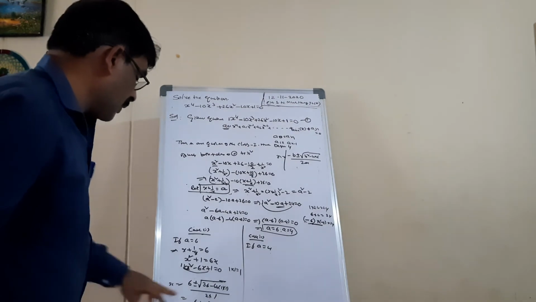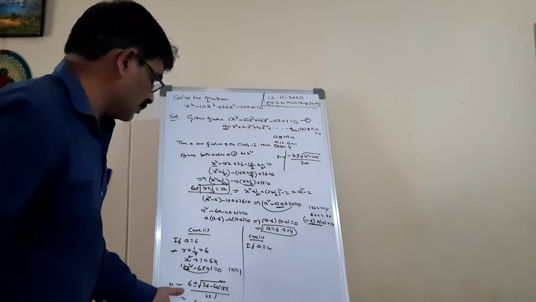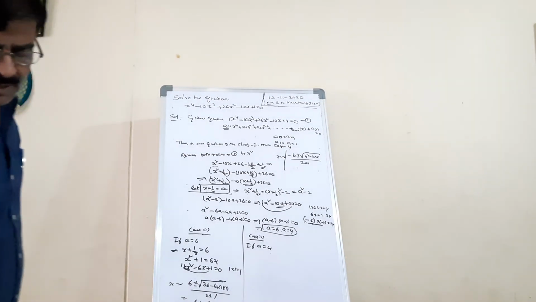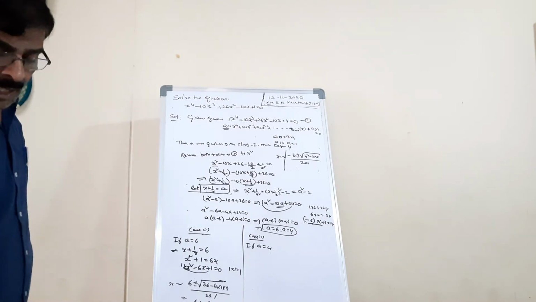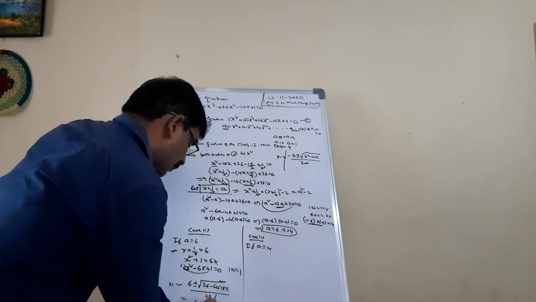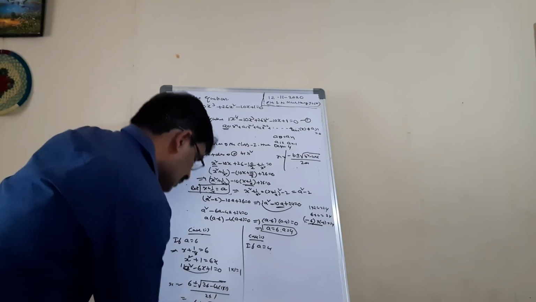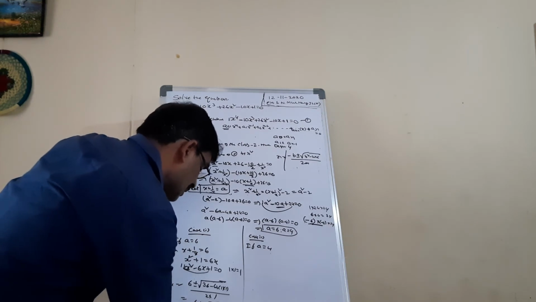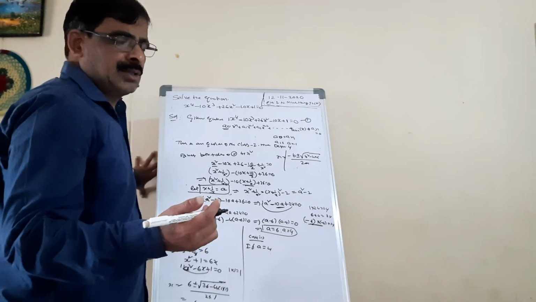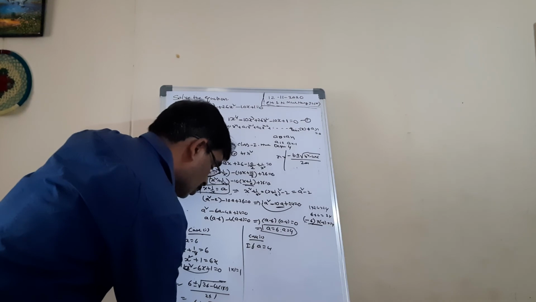Okay, you can simplify root 32: 16 twos are 32, so under the root we have 16 into 2.